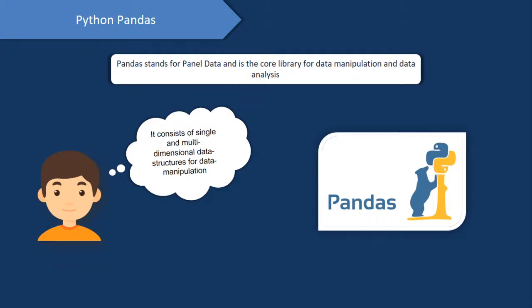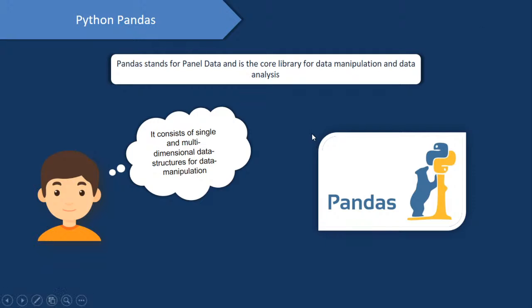So on that note, I would like to start off today's session. We'll be starting with this library called pandas, which stands for panel data. If we want to do any sort of data manipulation or data wrangling on top of a table, then this needs to be our go-to library.